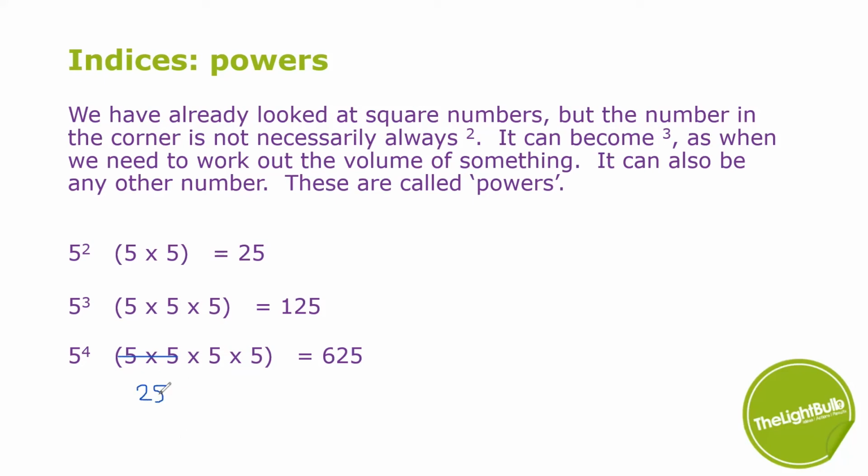And then we do the next bit along. 25 times 5, we'll get rid of that. And that would now give me an answer of 125. And then finally, we've got 125 times the 5 gives us our answer of 625. So that's how we work through a powers question.